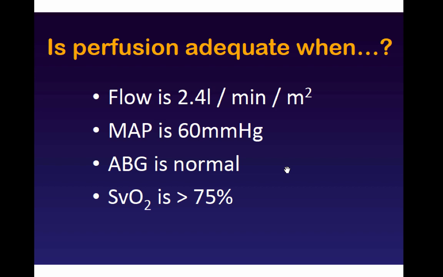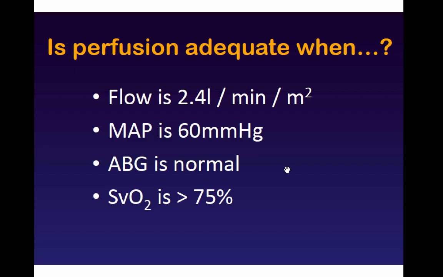Our arterial blood gas, normal. And then we look at the oxygen delivery and oxygen consumption in terms of SVO2. And we like to see an SVO2 greater than 70 or 75% during bypass. And so we started at this level, and then we began to question whether it was enough just to look at these four basic pillars of adequacy of perfusion.